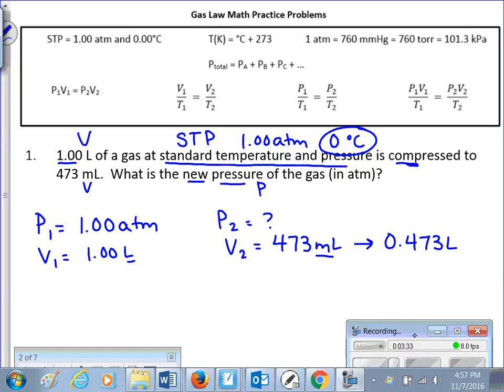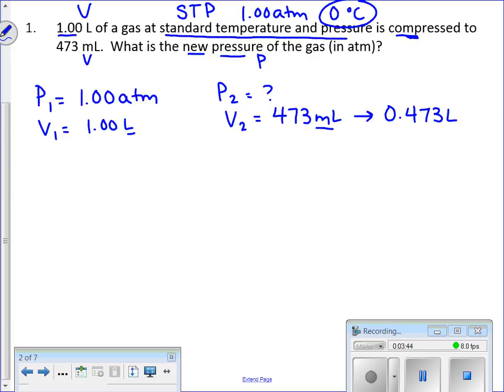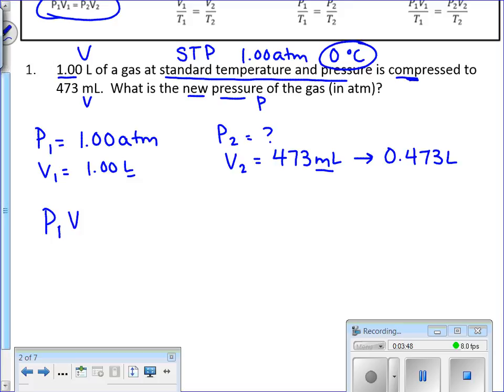Okay? So the equation that I'm going to use that just has pressure and volume is P1V1 equals P2V2. Okay? I am looking to solve for P2.